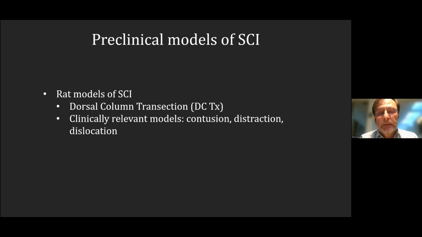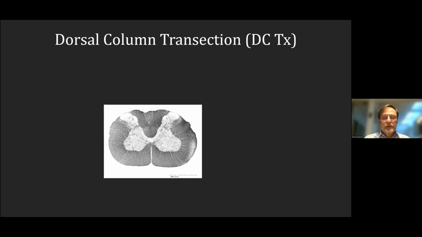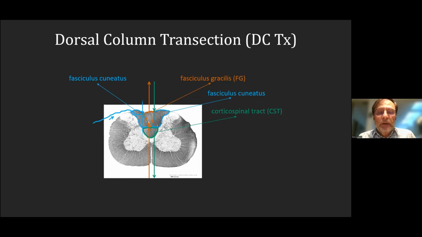The other models that we use are the ones that are more relevant to clinical cases, and these are the contusion, distraction, and dislocation. So with regards to the dorsal column transection, basically in this model, the entire dorsal column is extracted. Now, the dorsal column in rat spinal cord contains essentially three different types of tracts.